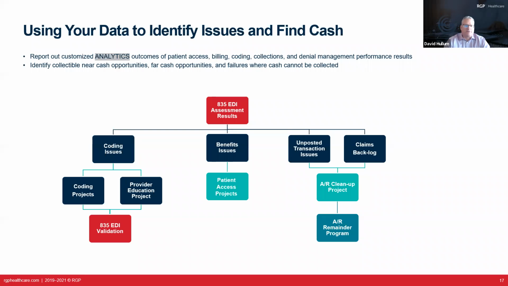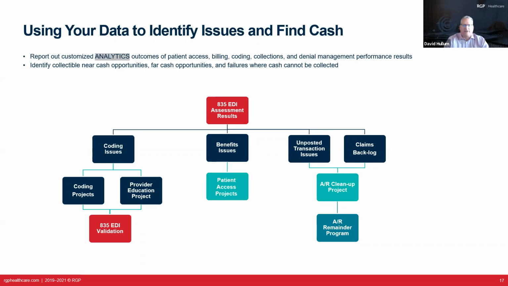Your solutions for those could be a project to improve coding. So CDI, okay, clinical documentation improvement, and you launch a provider education program, okay? Well, the beautiful thing about this is that you're doing continuous monitoring of your 835 EDI files now, and you're going to do continuous validation of whether those efforts are actually having an impact, okay?